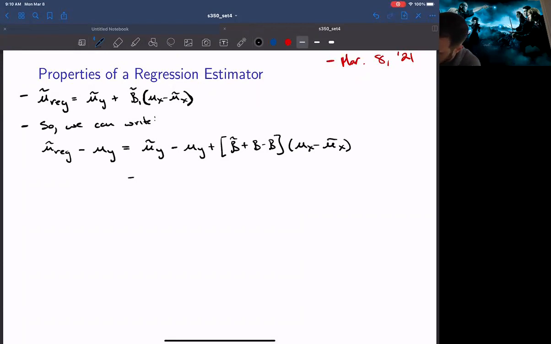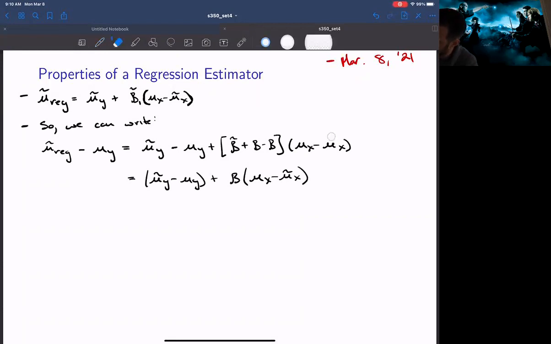Okay. And this is equal to mu tilde y minus mu y plus beta times mu x minus mu tilde x. This top part here should be a tilde, just so it's clear. Okay. Plus beta tilde minus beta times mu x minus mu tilde x.